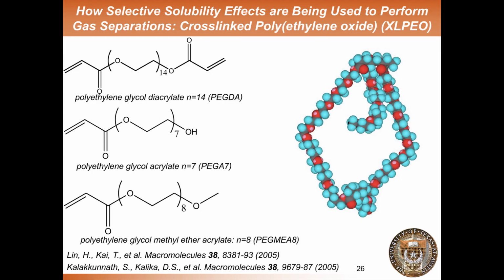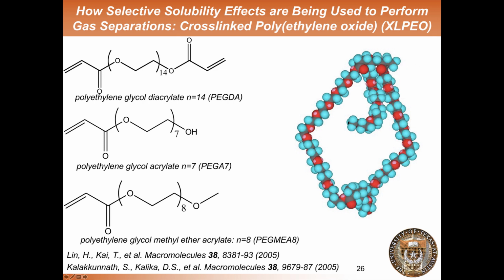And so this led us to make cross-linked network polymers that would have a high concentration of ethylene oxide units specifically for going after carbon dioxide in gas separations. And these types of materials are so-called hydrogels.